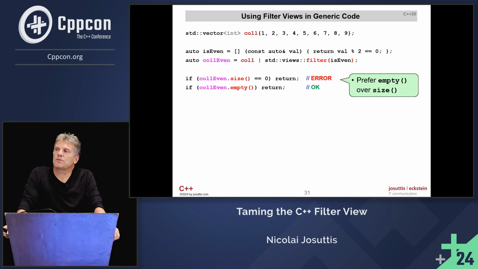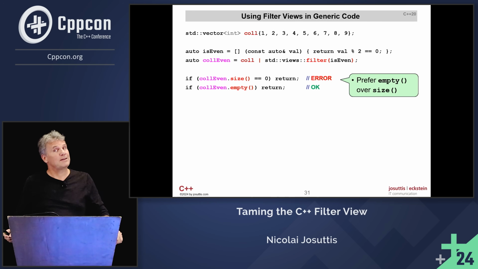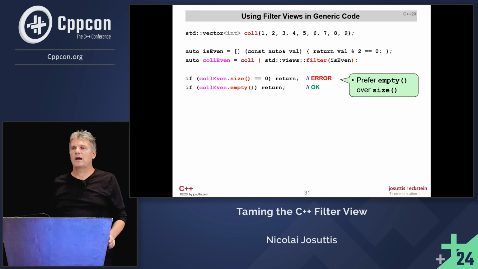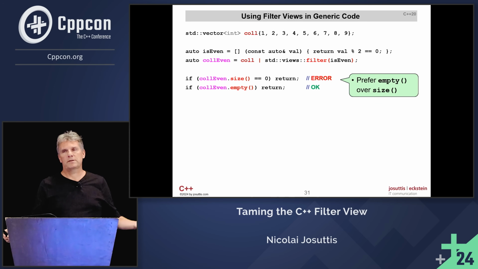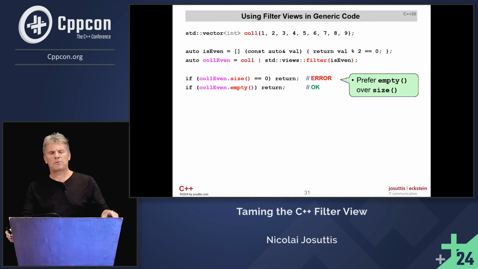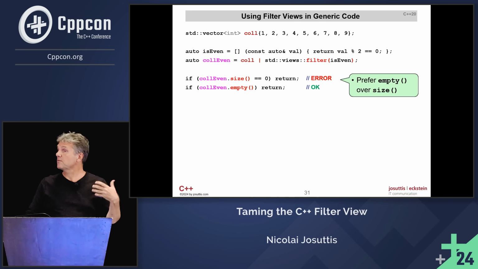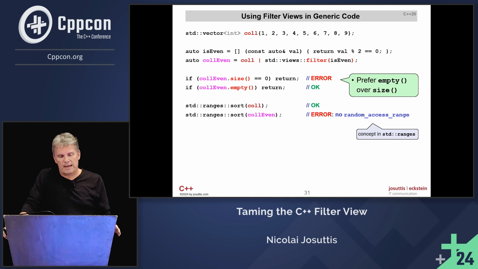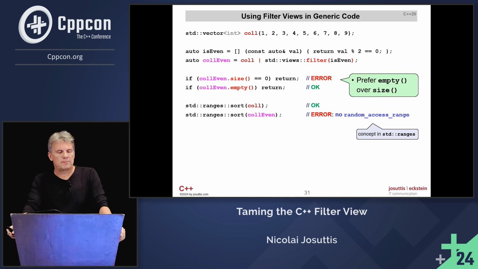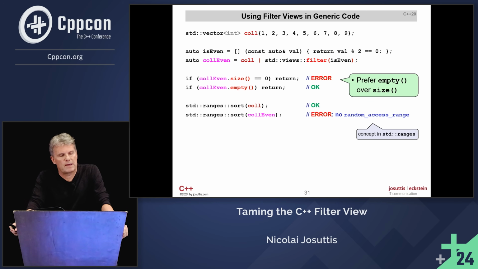Again, that's nothing new for those who write serious, and even unserious, generic code, because otherwise you would rule out the forward list container. Nobody uses the forward list. No, that's not right, but it's very rarely used for some reason. And as I said, of course, you cannot sort the elements by passing them to a sort algorithm, because we have no random access range.